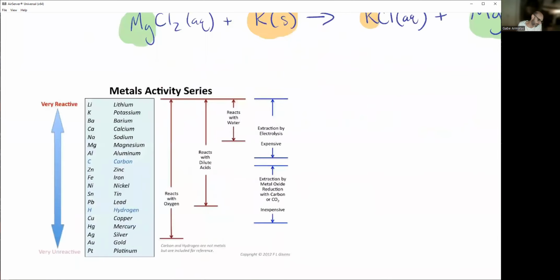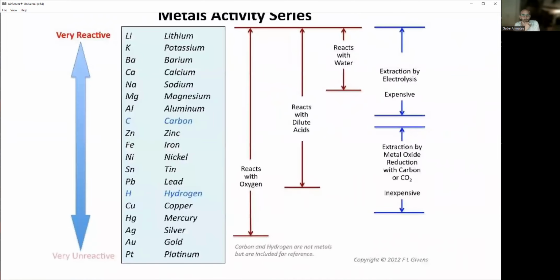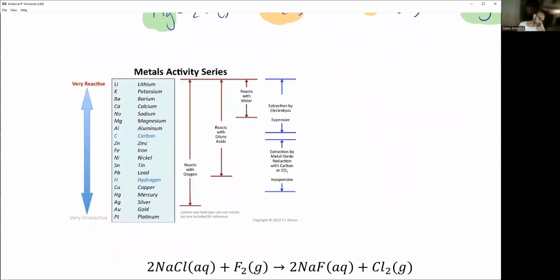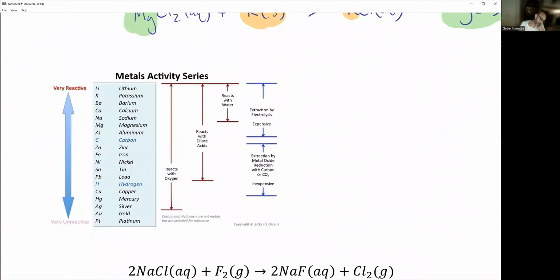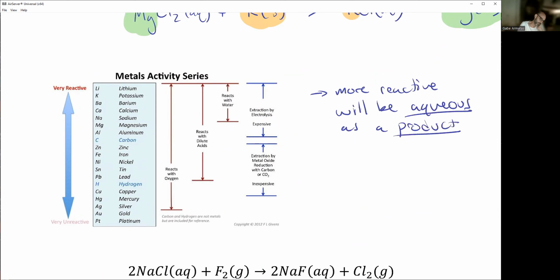The activity series actually tells us which one is going to be more reactive. So you probably don't have to memorize this, but this is certainly interesting. The more reactive will be the aqueous product.